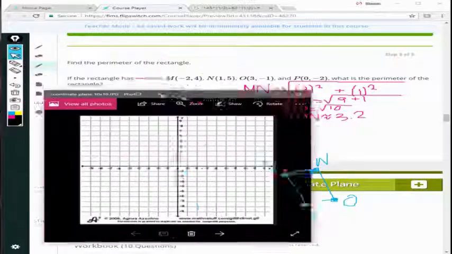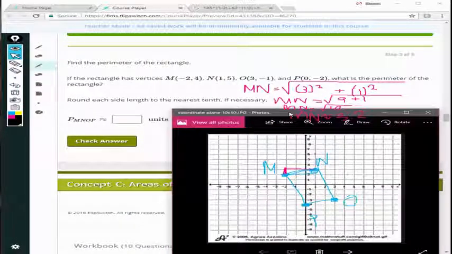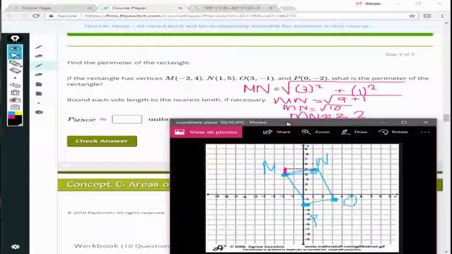For some reason, my graph keeps disappearing. Okay, so there's MN, that's our short length. So I'm going to have 2 values of that. Now let's find our long length.